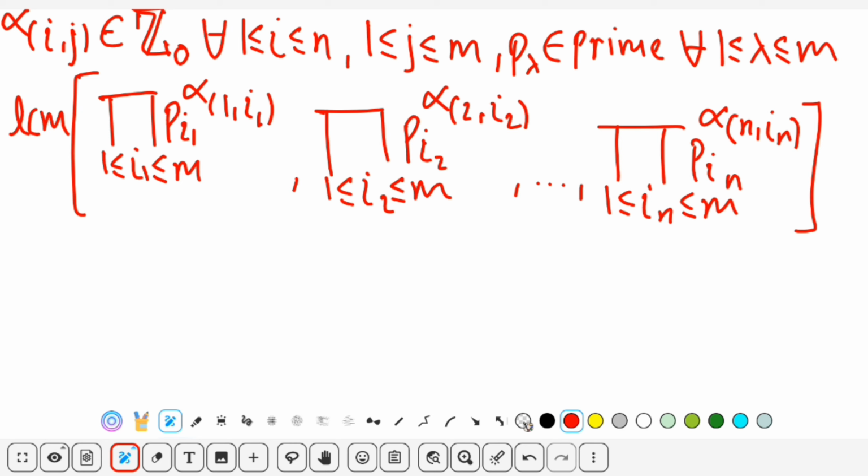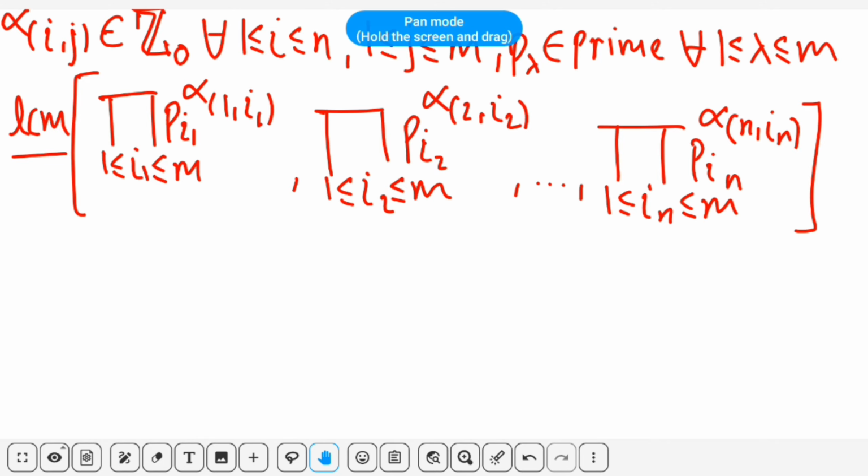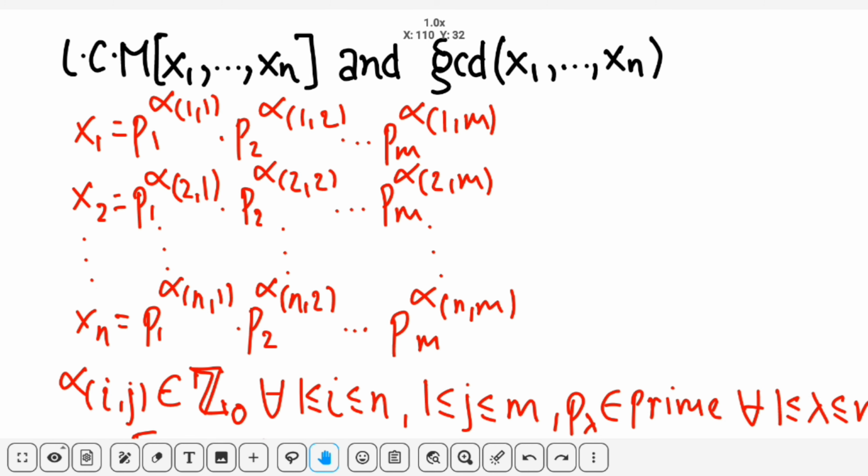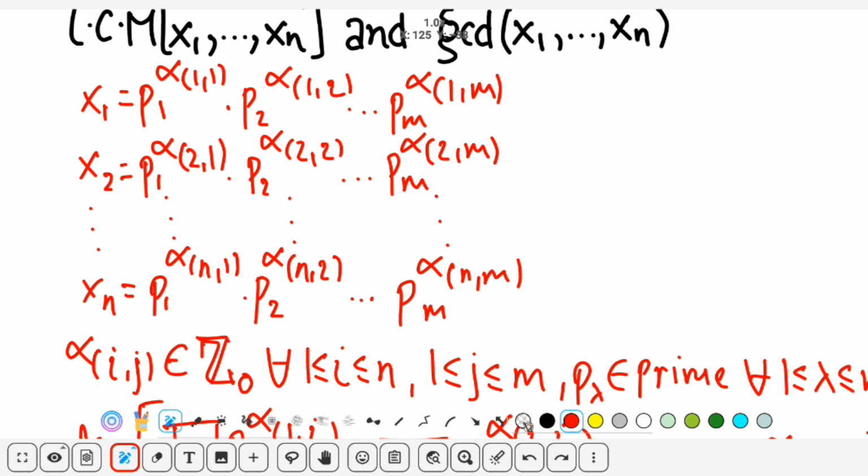So if you have watched my previous video, then you know in LCM we consider the maximum power. So in LCM, if we have to find the LCM of x1, x2, x3, ..., xn, then we consider the maximum power of the same prime number: alpha 1,1, alpha 2,1, alpha n,1.